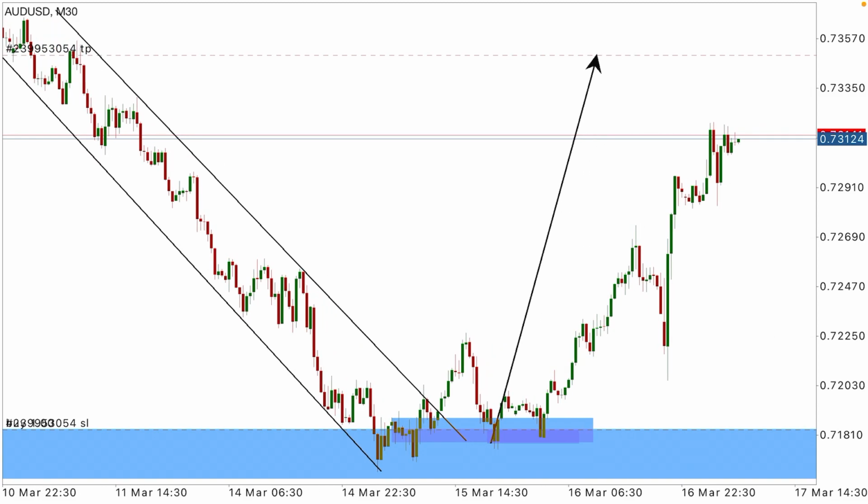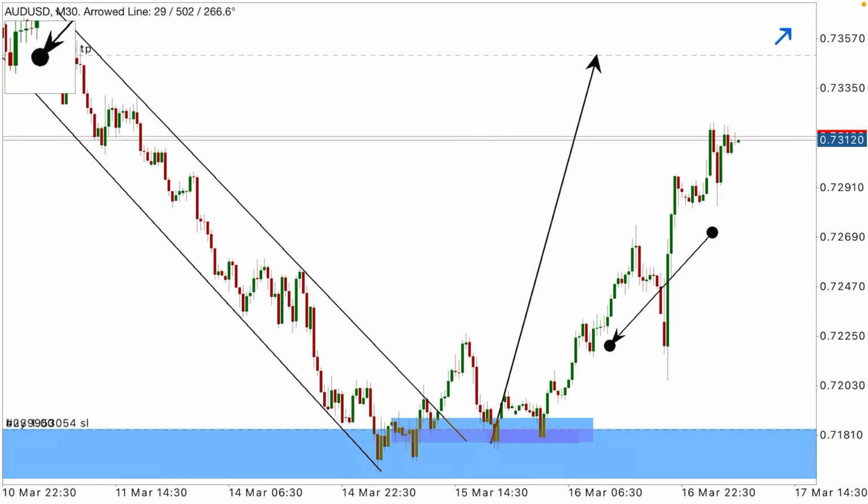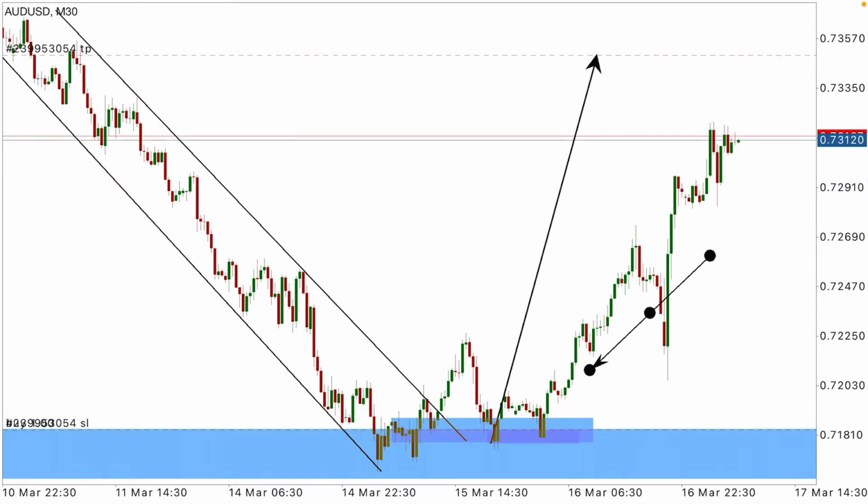I entered this trade when price reacted to the demand zone and I saw some buy entry confirmations. I dropped this signal in my free Telegram group. So if you're not in my free Telegram group, you are missing out. You see how price respected the demand zone and bought. So it's not actually a trend line, but the demand zone right here that price respected. And this is my final TP.